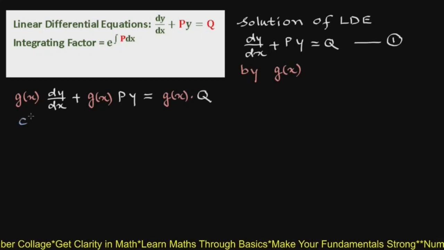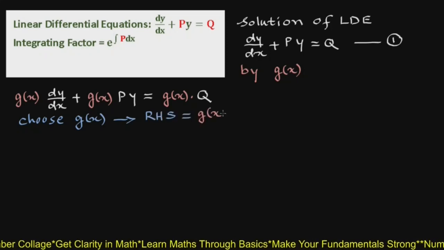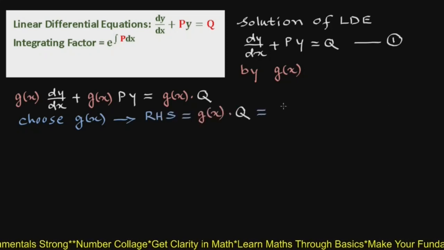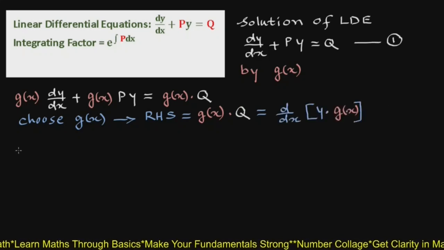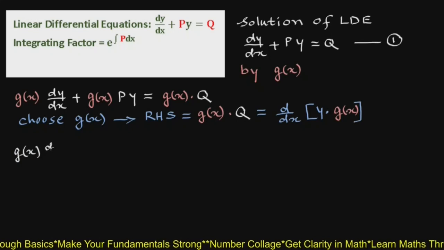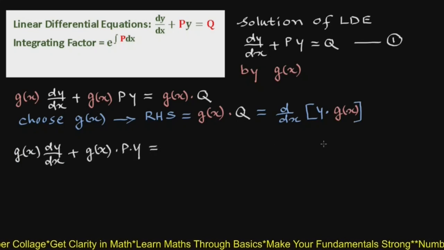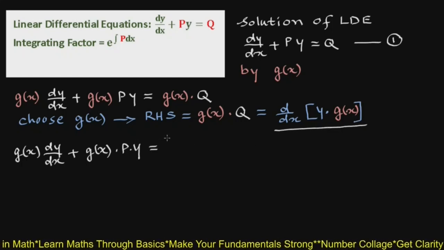We will choose g(x) such that the left hand side is equal to the derivative of y into g(x). So this becomes g(x) dy by dx plus g(x) into py equals, now we will write the derivative of y into g(x) with respect to x.